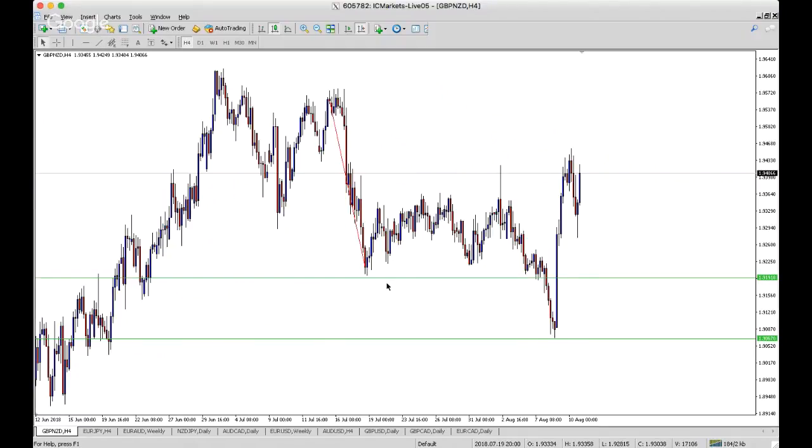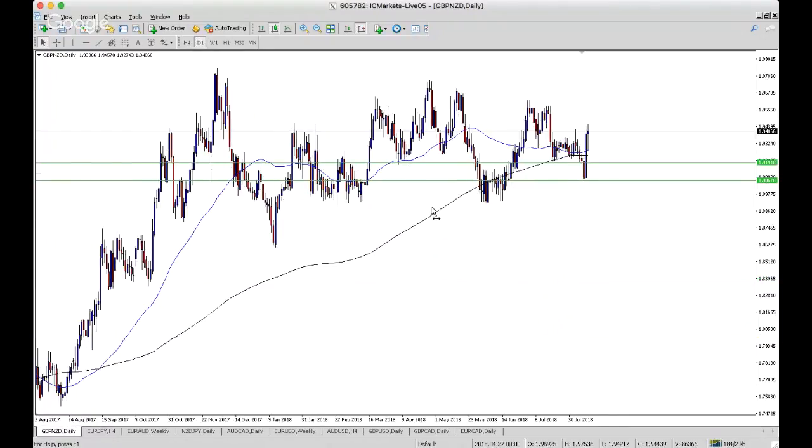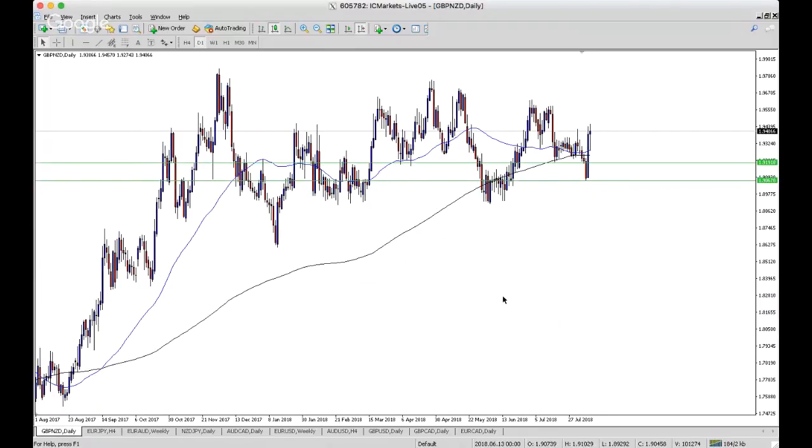The market went flat around here, and then I saw a false break over here, that's why I took a sell. But now the impulse wave is going up, and my weekly analysis is spotting that. So that is it for pound NZD. I'm looking for a buy around this level, and that is it for my analysis for pound NZD next week.